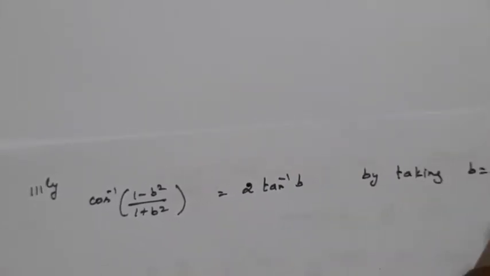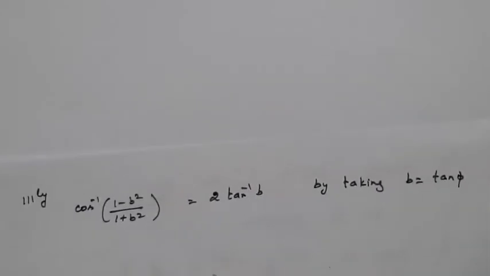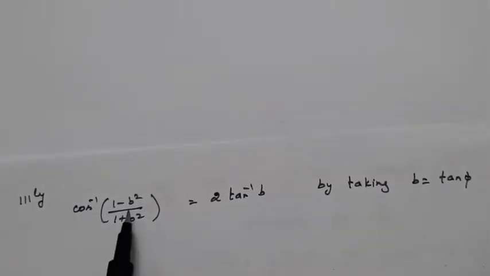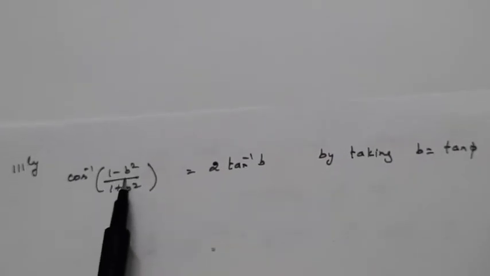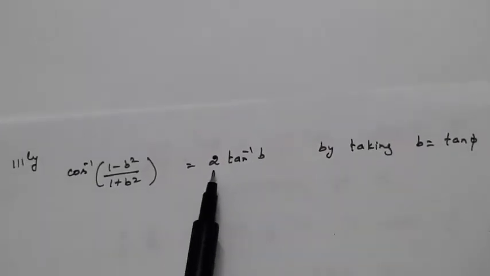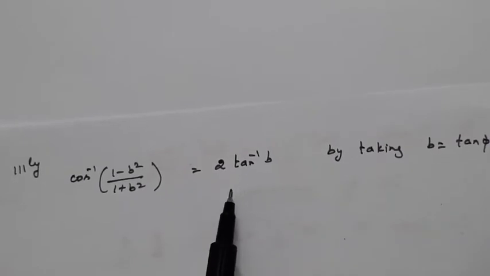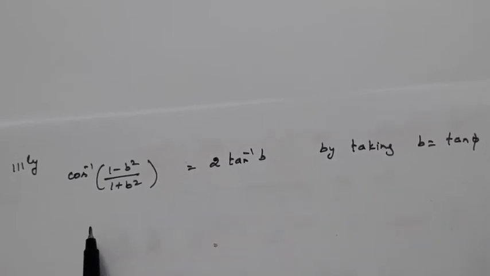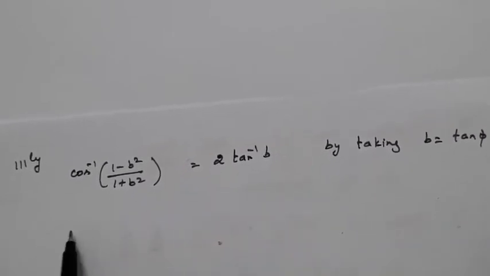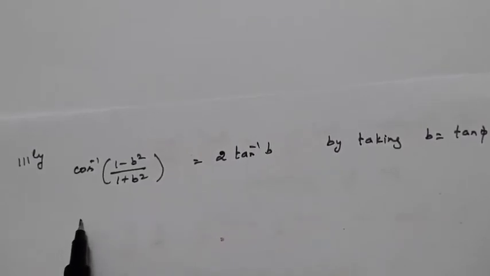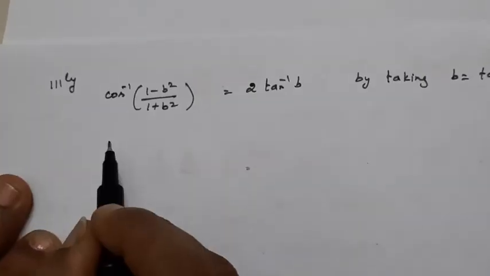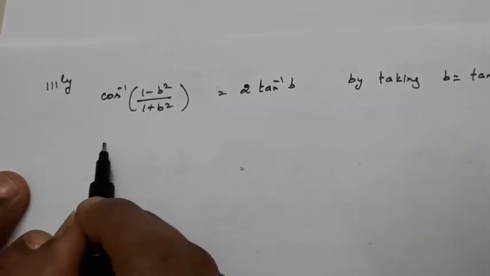b is equal to tan phi. Then similarly, taking b is equal to tan phi, we have cos inverse of cos 2 phi, which is 2 phi, and hence that is nothing but 2 tan inverse of b. Now let us substitute the values in the given equation.